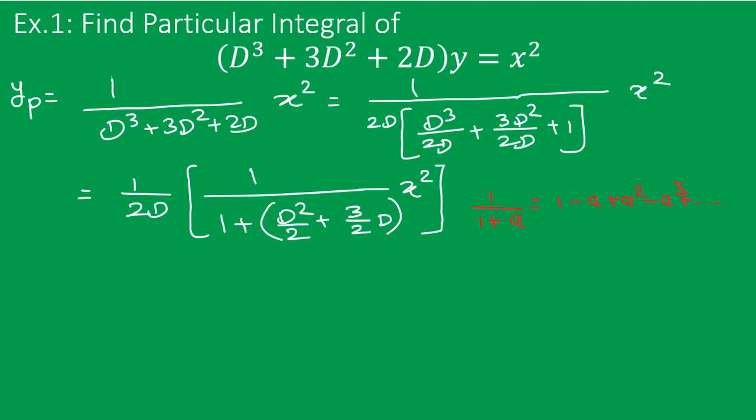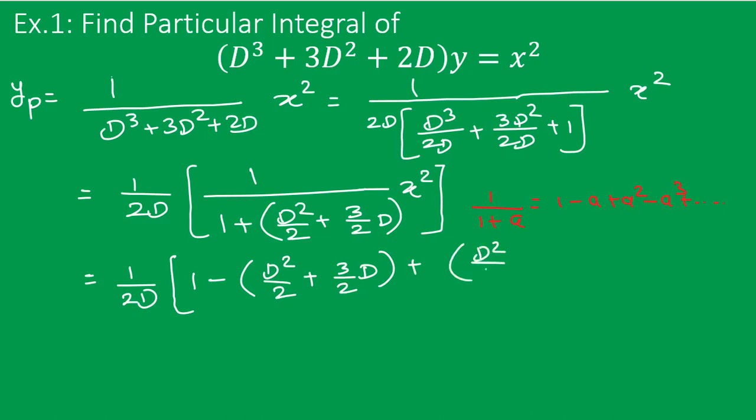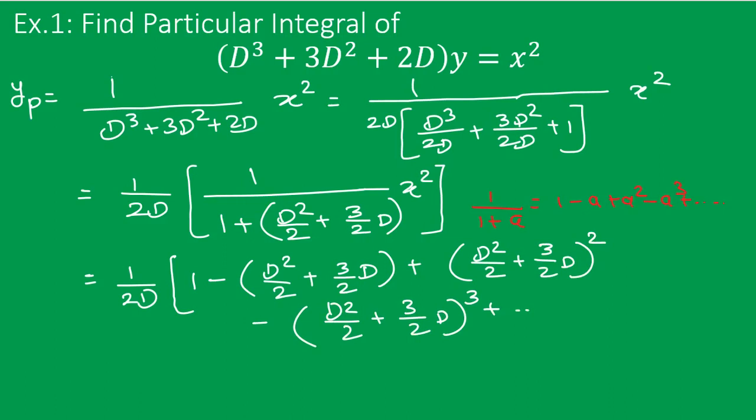We get yp is equal to 1 upon 2D as it is, and this is nothing but 1 minus (D square by 2 plus 3 by 2 D) plus (D square by 2 plus 3 by 2 D) square minus (D square by 2 plus 3 by 2 D) cube and so on. And this whole thing operates on x square.